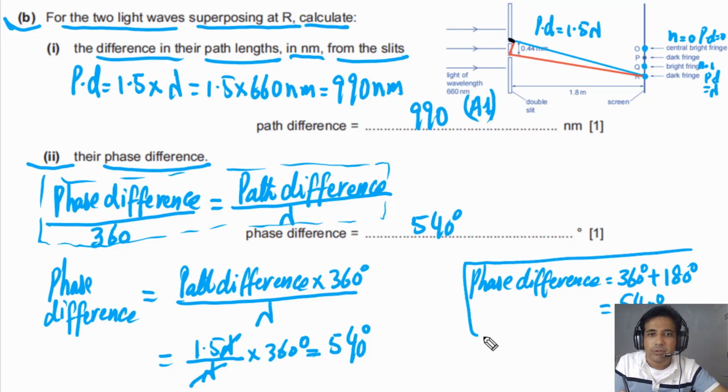You can also simply calculate like this. So this is another way to calculate phase difference. So n is equal to 0, it means phase difference is equal to 0. N is equal to 1, phase difference is equal to 360 degrees. So the next one 1.5, so next one will be 360 plus 180. So this is how you can calculate.